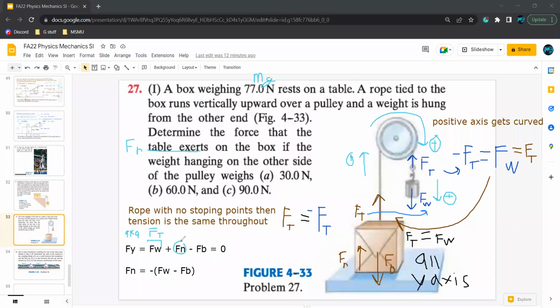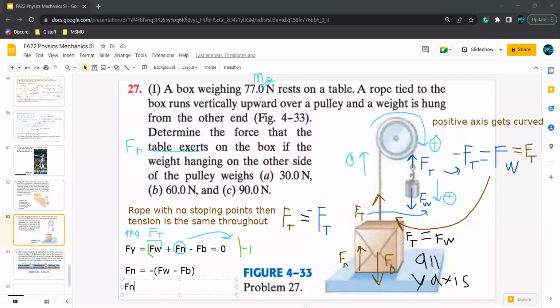And then we're moving this over here. Then after we move that over, I'm multiplying both sides by a -1 to get rid of the negative on the Fn. Cool. So then from there, we just plug it in. Right, so it's going to change depending on what the pulley weighs, but now you have the general formula.